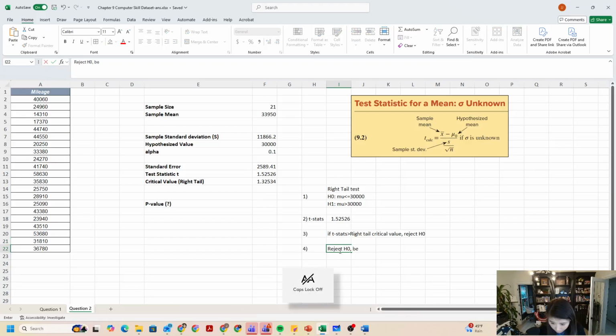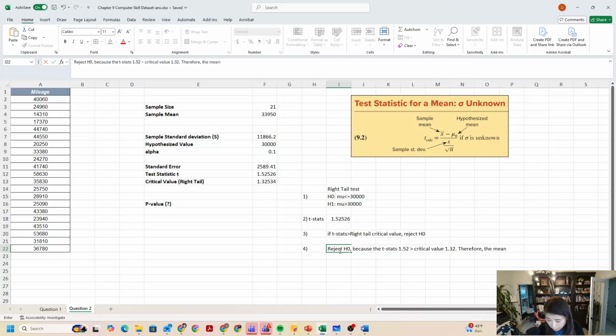H0 because the t-stats 1.52 is larger than critical value 1.32. Therefore, this is going to be our conclusion.